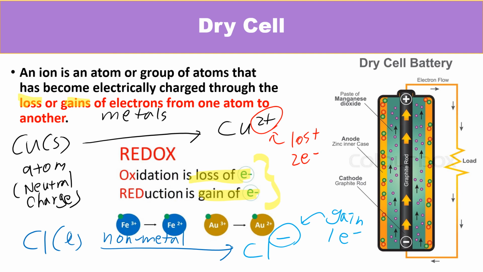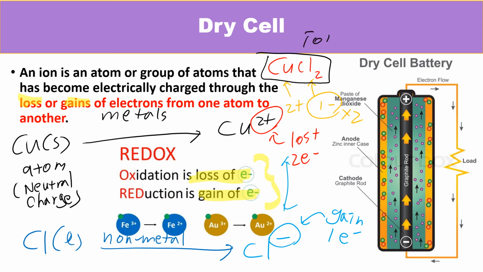If you look at these two, copper and chlorine though, copper lost 2, chlorine gained 1. So back in the chemistry unit, we used to write CuCl2 because that's the only way we can balance 2 positive, 1 negative, so we need 2 of them. Even at that time, we learned how an ionic compound can be made by combining, if you will, a positive charge metal and a negative charge non-metal. It's very similar.